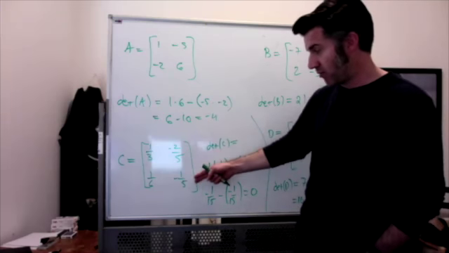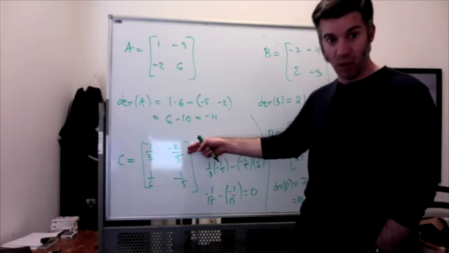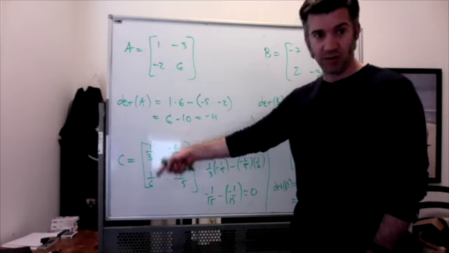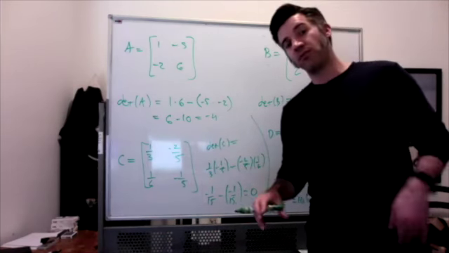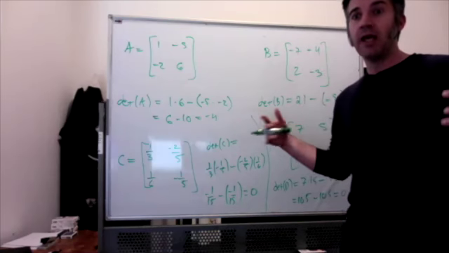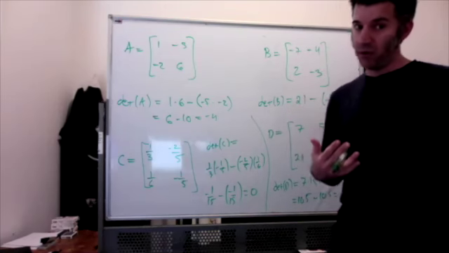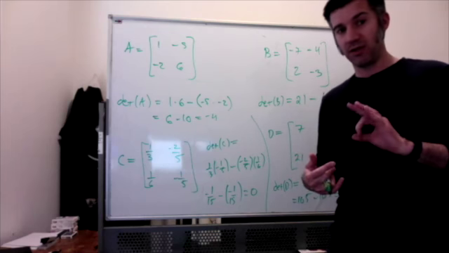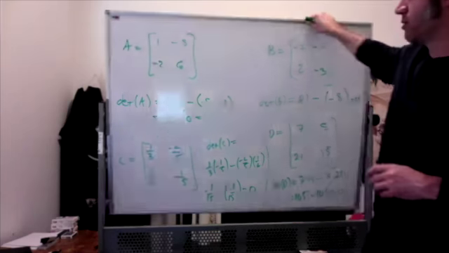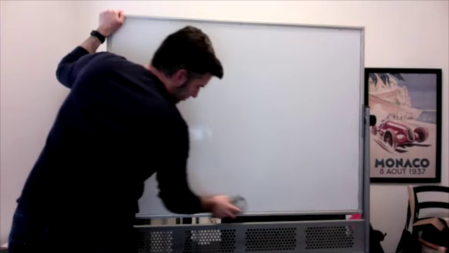This second row is the first row times 1/2. 1/2 times 1/3 is 1/6. 1/2 times -2/5 is -1/5. So the picture I'm trying to paint for you is that if you notice the rows are multiples of each other, you automatically know that the determinant is going to be 0. Which is kind of cool.